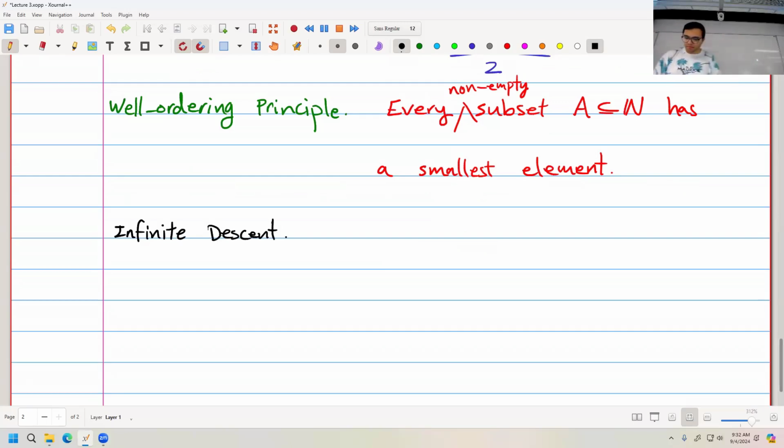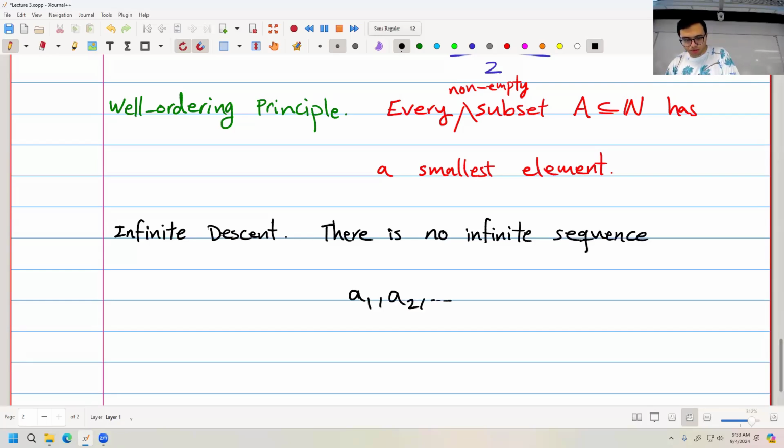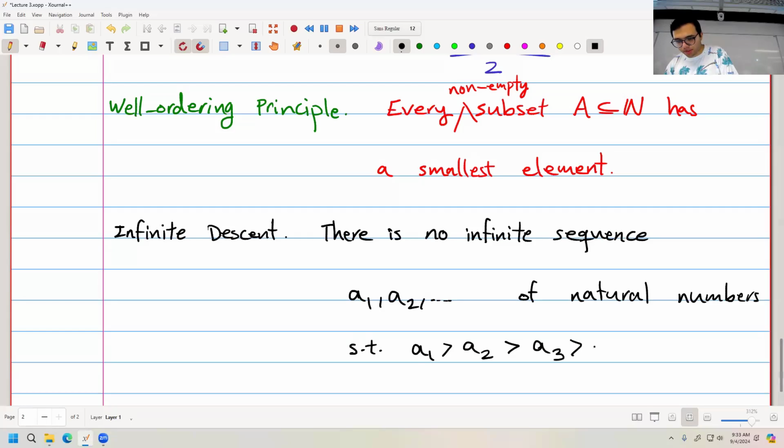So there is no infinite sequence, let's call it A1, A2, and so on, of natural numbers such that A1 is bigger than A2 and A2 is bigger than A3 and so on.